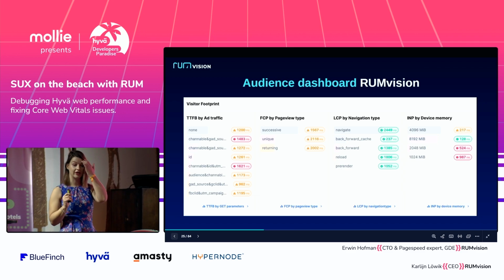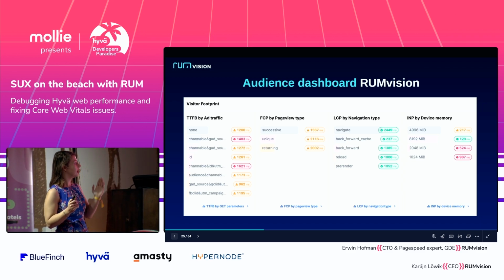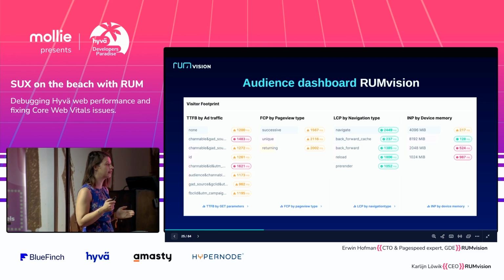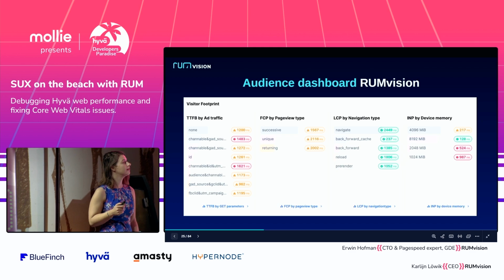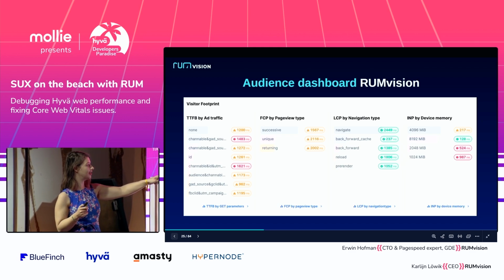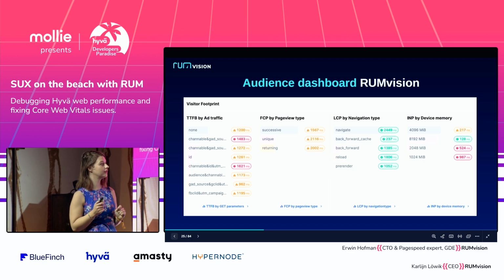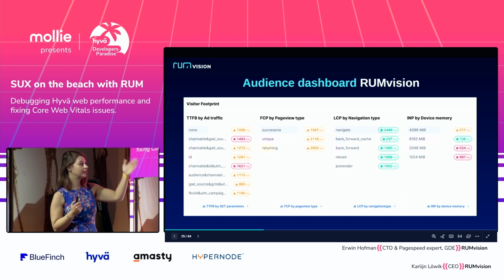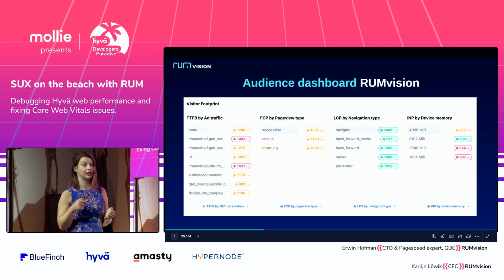And I'm not just talking, I have data on this. This is our audience dashboard. It's actually our very first dashboard because it gets you everything I just told you about. You see that the time to first byte by ad traffic worsens in some cases. You see the different page view types where a successive view has a much better experience than a unique one. You see different kinds of navigation types, which we'll get into later.